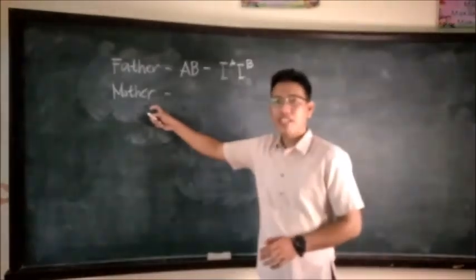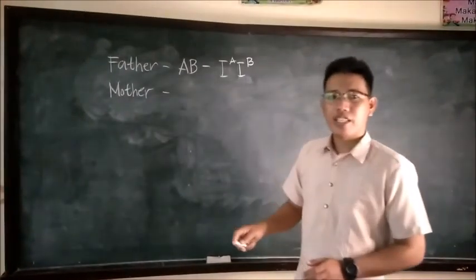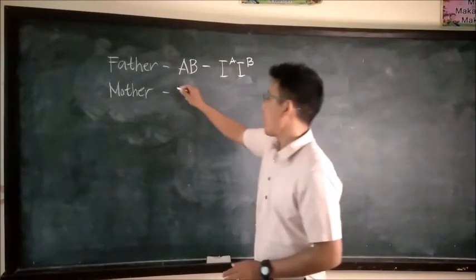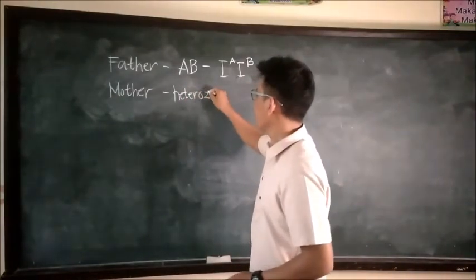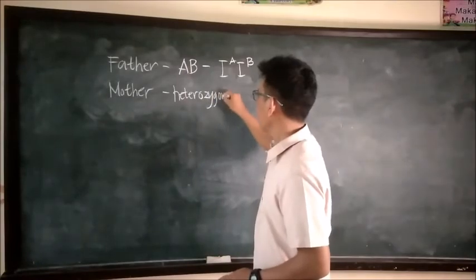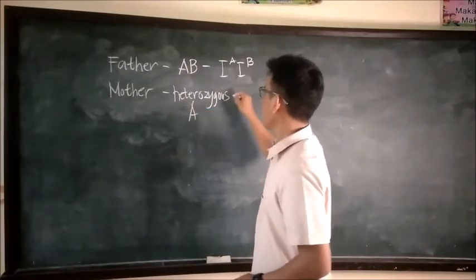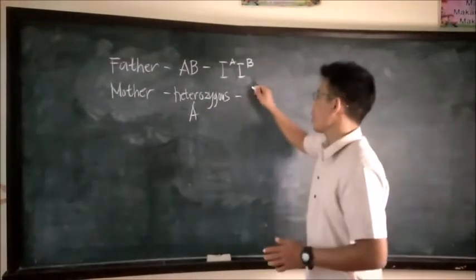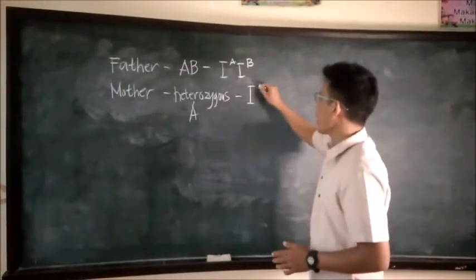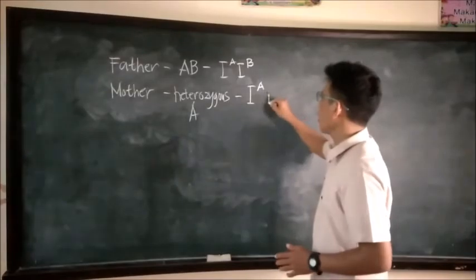And for the blood type of the mother, it is heterozygous A, meaning the alleles are different. So your genotype is IA and small letter i.